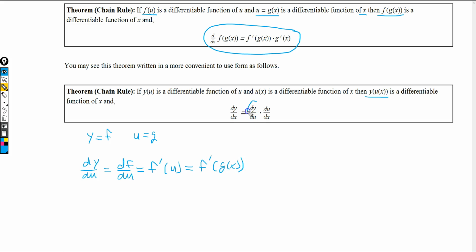So you see this right here, the dy du, that's the same as our f prime of g of x right up here. And if u is equal to g of x, then du dx, that's just dg dx, and that's g prime of x. So this part right here is just our g prime of x. And so you see it's the same rule, just stated a little differently.